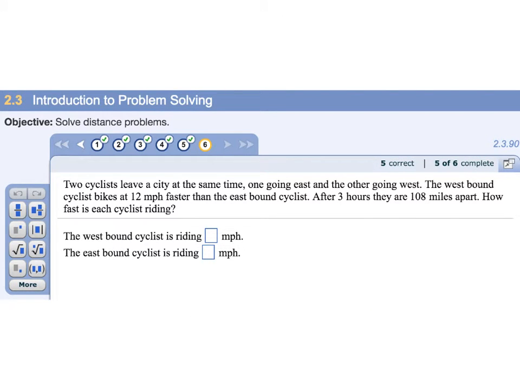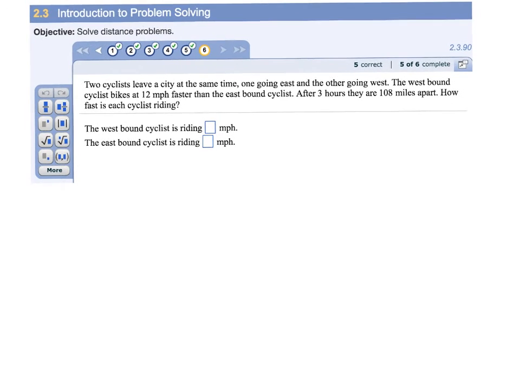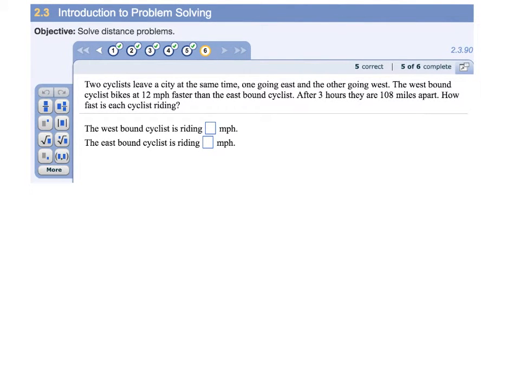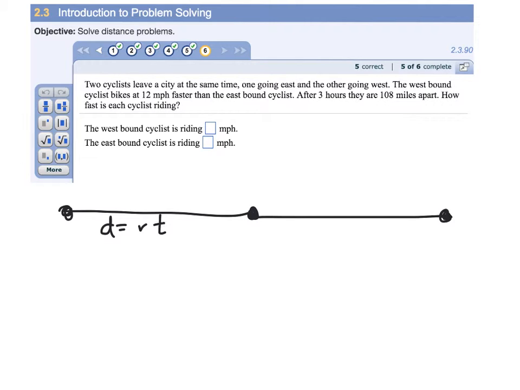All right, so you've got two cyclists leaving a city at the same time. So here's our city. One is going east, and the other is going west. The westbound guy, his d is equal to rt, west and east. And there's our city.